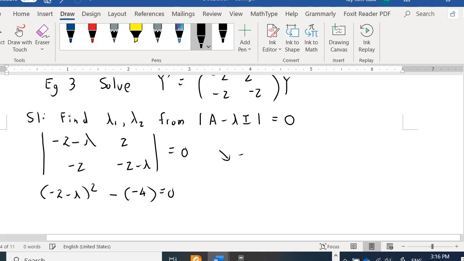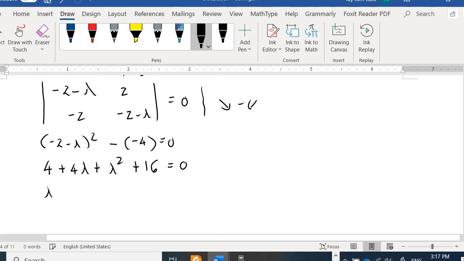I hope you know how to do your determinant. So expand your determinant here carefully. Negative 2 squared is 4. Then you take 2 times negative 2 times negative lambda, which is positive 4 lambda, plus lambda squared, plus 4, plus 4 equals 8.